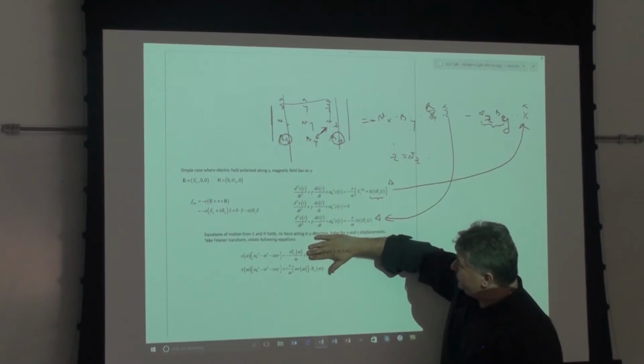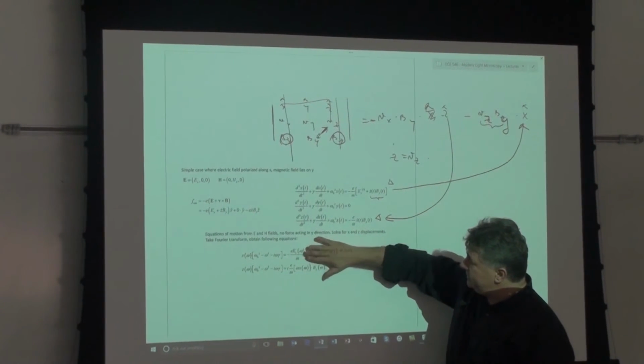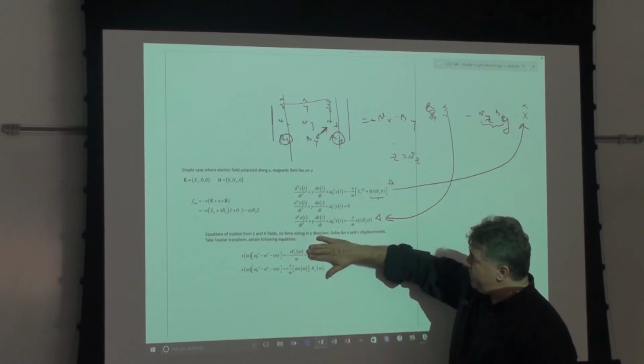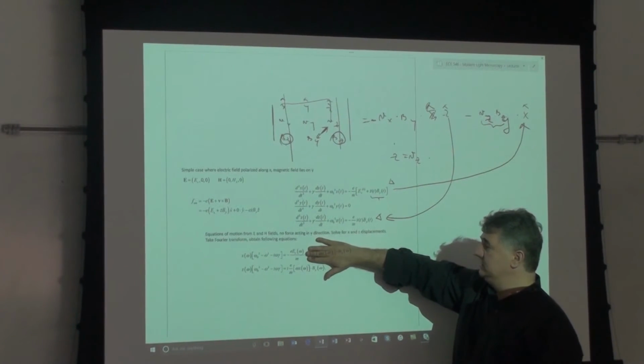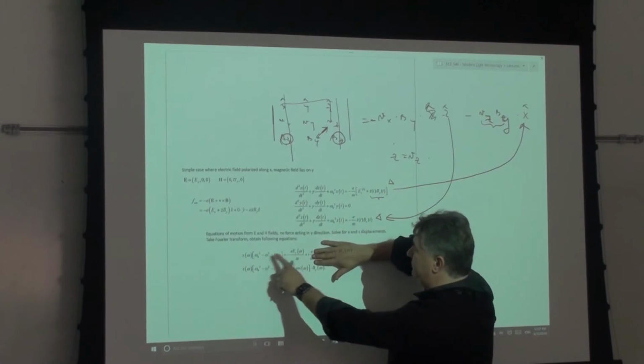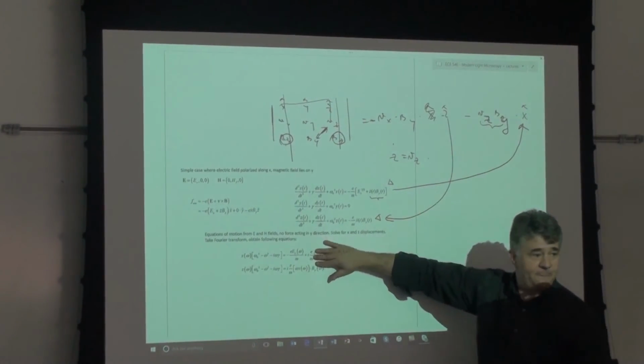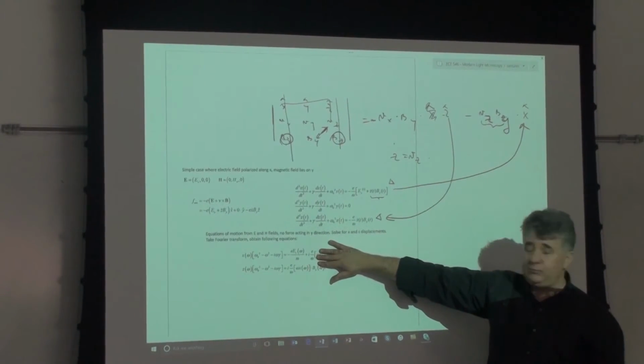The linear response will be very easy. It will be charge times E, the electric field, divided by mass. This will be immediately the solution. So my x of omega will be this thing divided by this thing. This is a Lorentzian, hence the name, due to Lorentz, who came up with it.